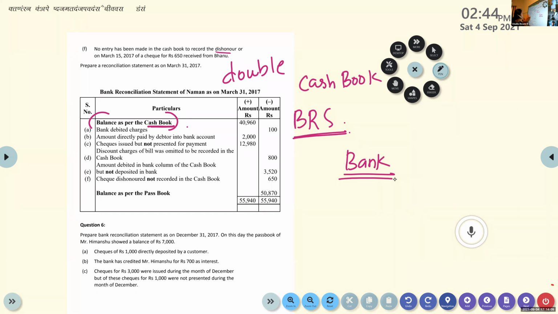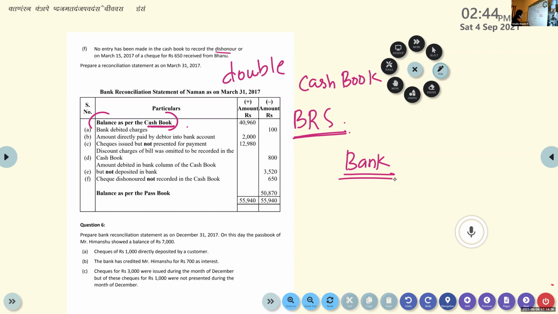So the cash book balance means the bank amount column balance. So here we were making changes to the cash book.